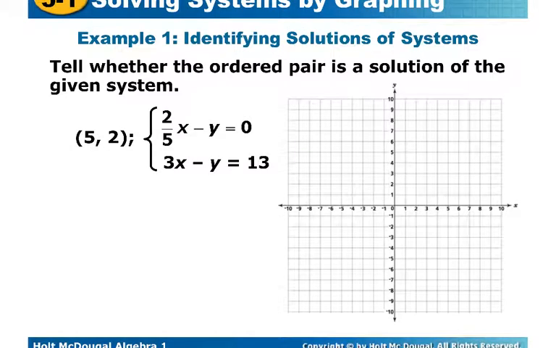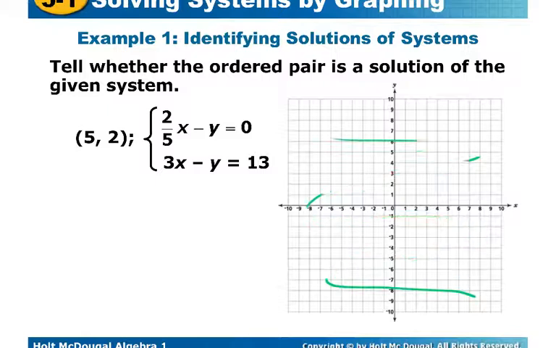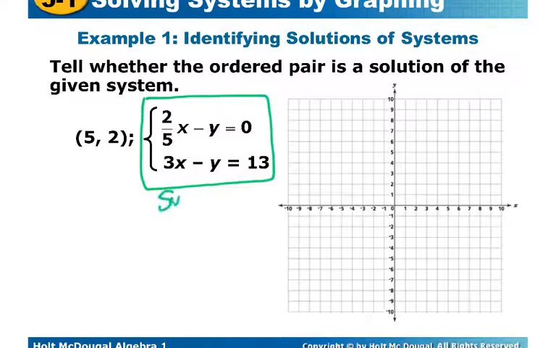So this first one here, we're supposed to tell whether the ordered pair is a solution to the given system. Turns out we don't actually have to graph it. We could take the time to graph this one, but all you actually need to do is plug it in and see if it works. So here's our system. Is this the answer?